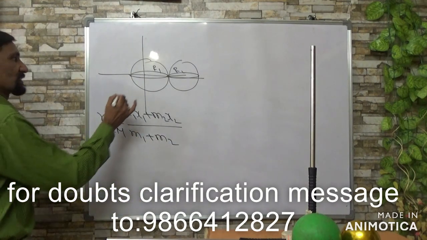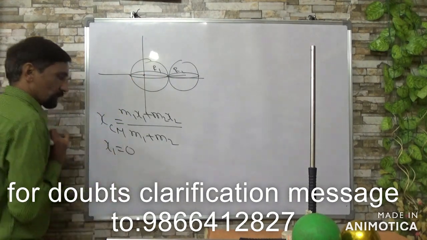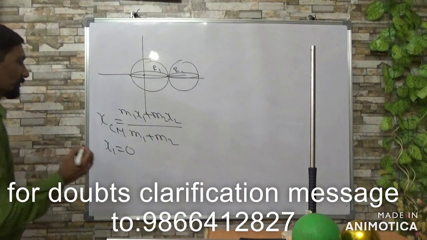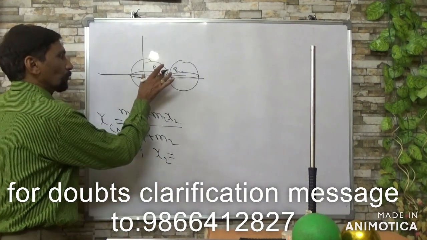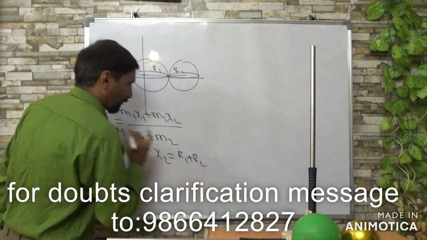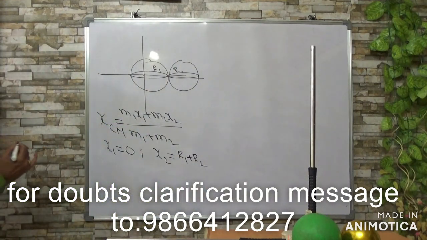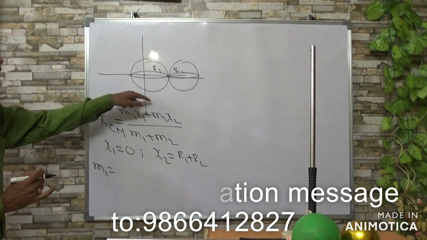So x1 is equal to 0, and x2 is equal to r1 plus r2.